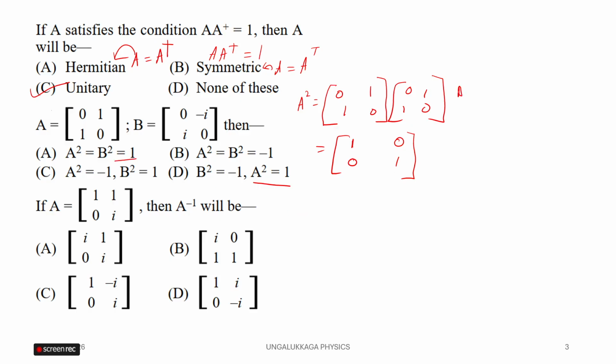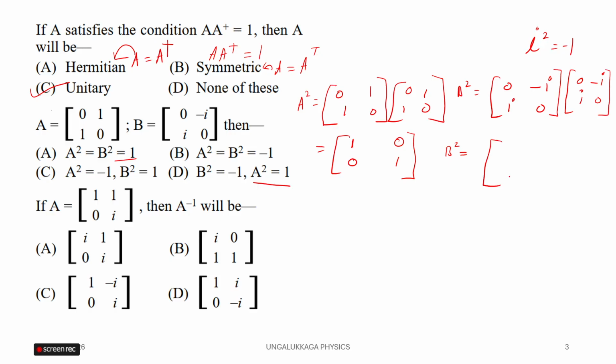B is 0 minus i, i 0. You have to remember that i square is equal to minus 1. So B square equals B times B again.